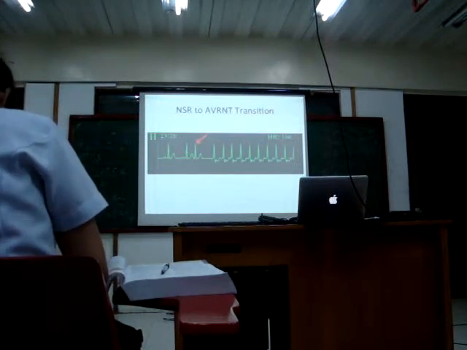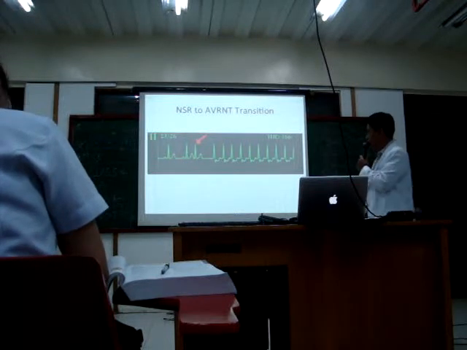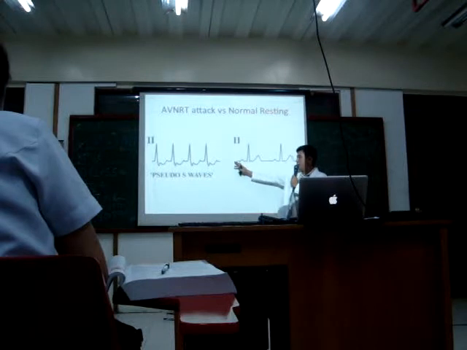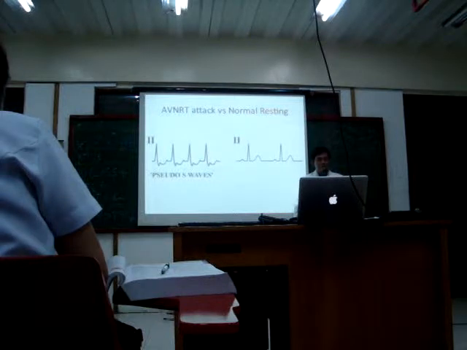In the same way that in the normal ECG, let's go back. In this ECG, do you see atrial repolarization? Remember, this is atrial depolarization, ventricular depolarization, and ventricular repolarization. Where's atrial repolarization?